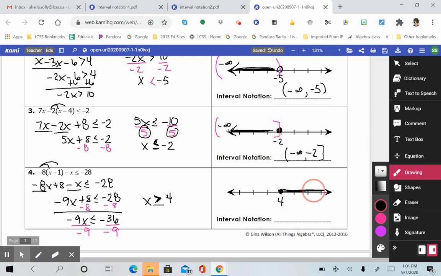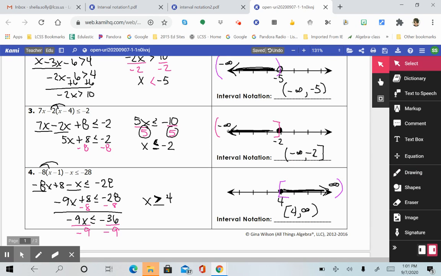So we shade to the right, approaching infinity, and close. So we have a bracket for a filled circle, parentheses at infinity. So it will look like bracket 4, comma, infinity, parentheses, meaning every number between 4 and infinity, and the 4 is included.